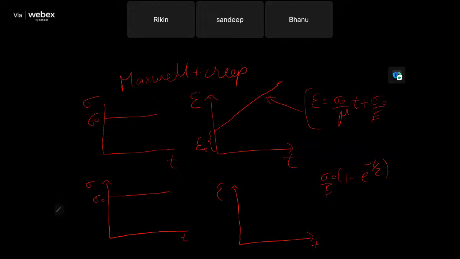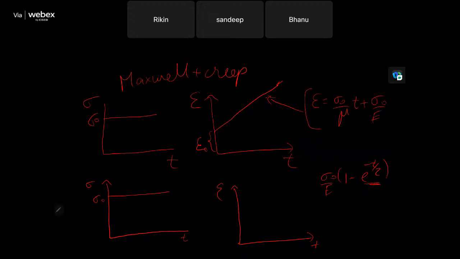what will be the graph? It will be zero instantaneous strain and it reaches a fixed equilibrium strain. Note that at t equal to infinity, the exponential term will be zero.